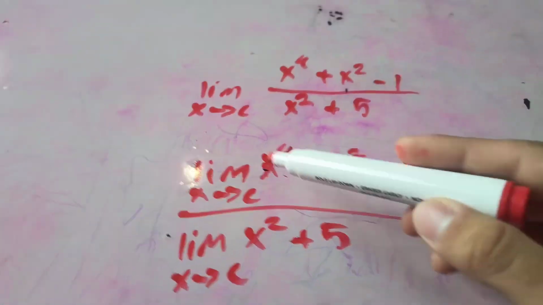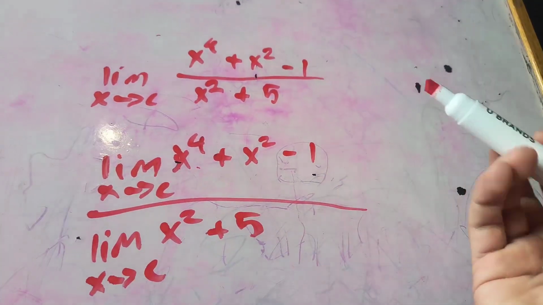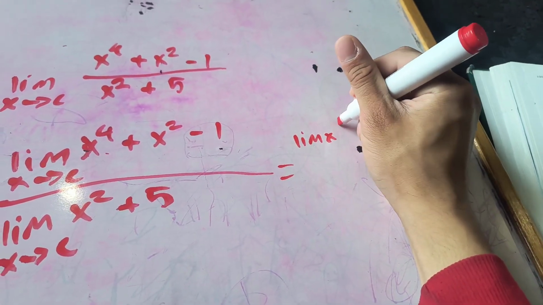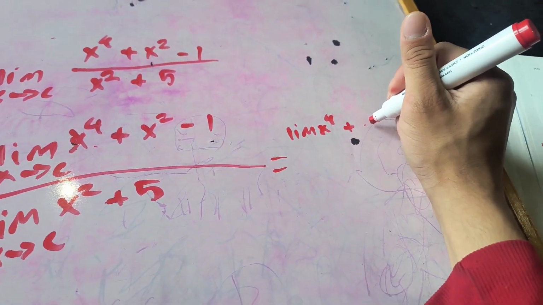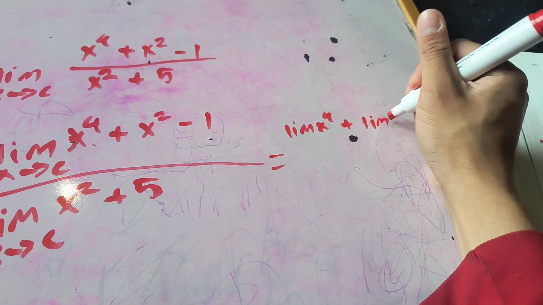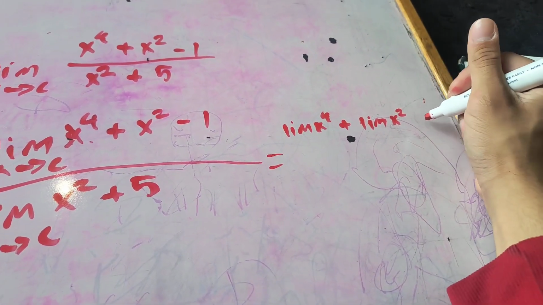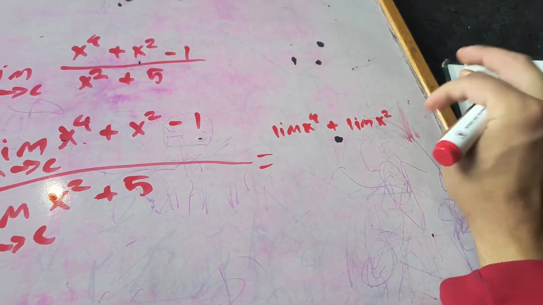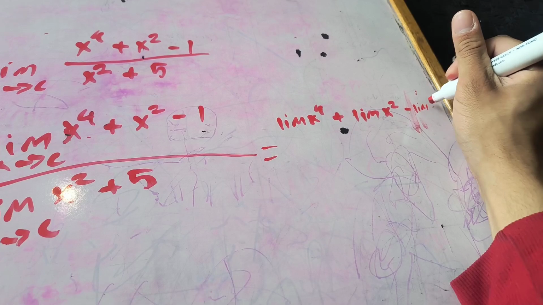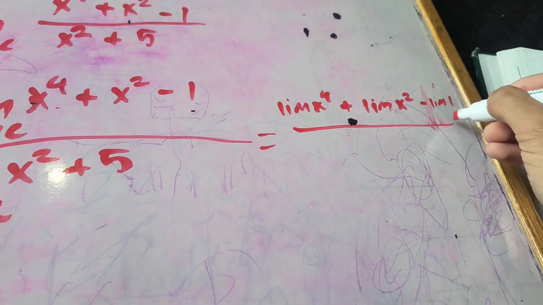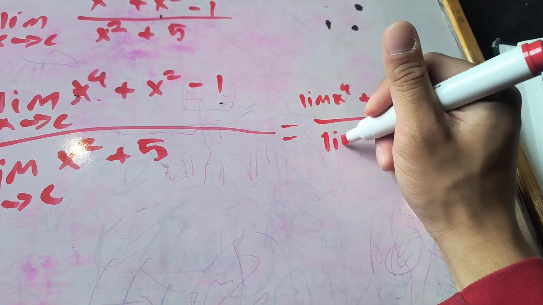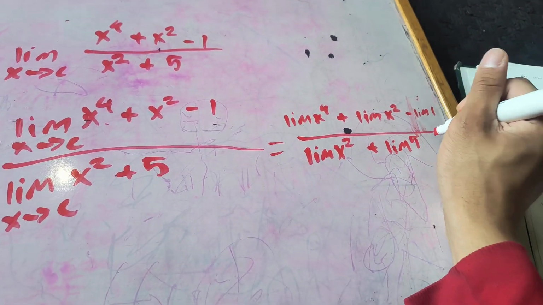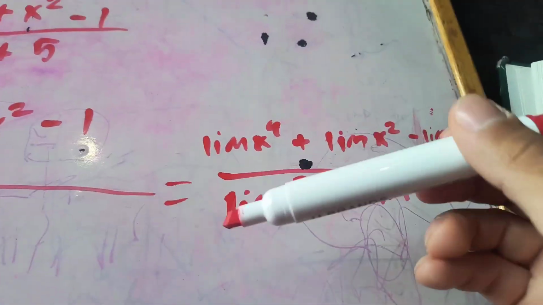But we learned from the last example that we can break these up into smaller and smaller limits: the limit of x to the power of 4 plus the limit of x to the power of 2 minus the limit of 1, over the limit of x to the power of 2 plus the limit of 5, as x approaches c.